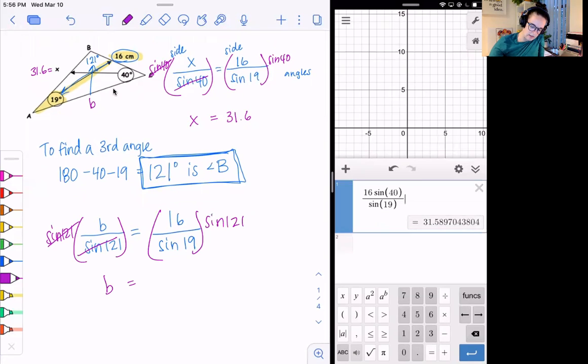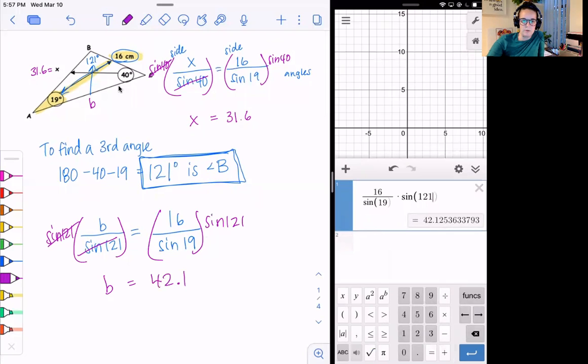And over here, I already have the 16 over sine 19 on my calculator, so I'm just going to multiply times sine 121, and I get 42.1, right? 42.1, that would be this long side here, which makes sense because it's the longest side. So that is my third side. Okay.